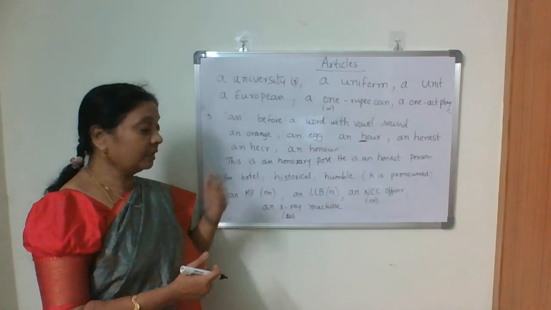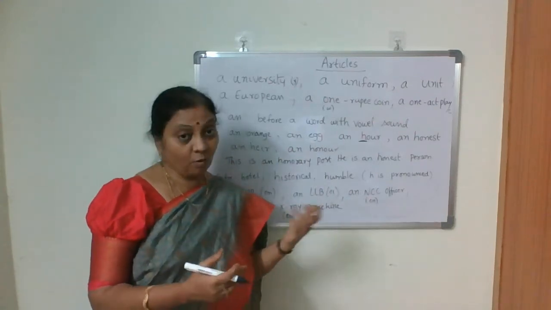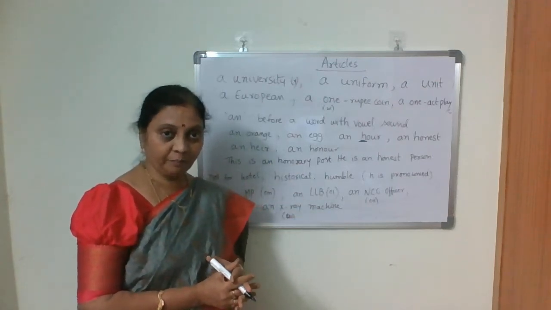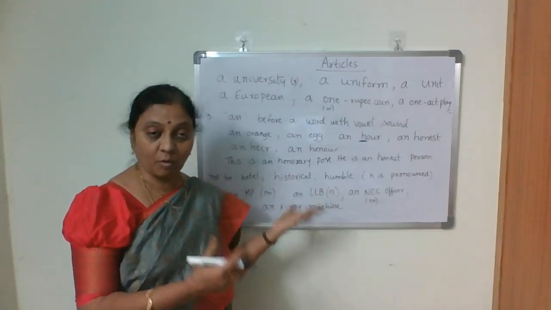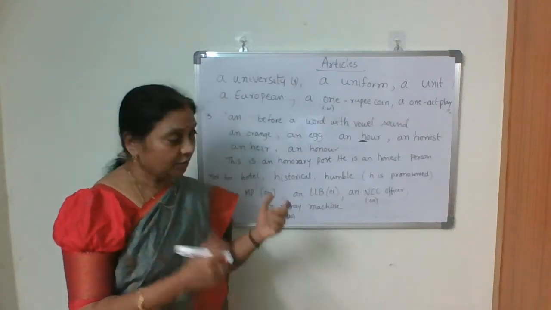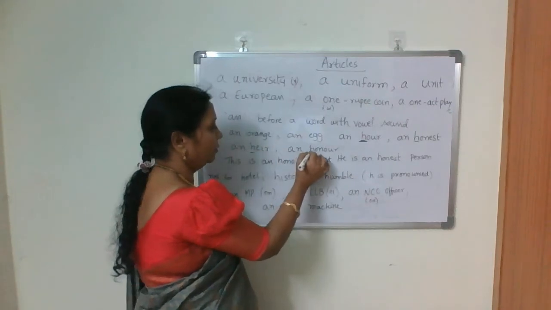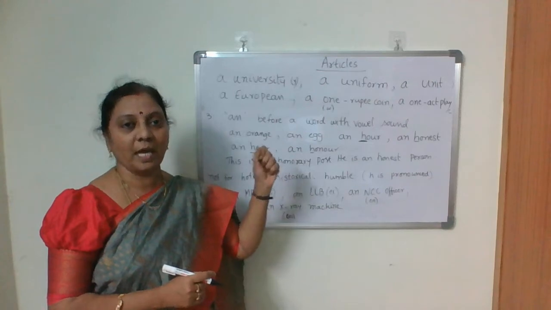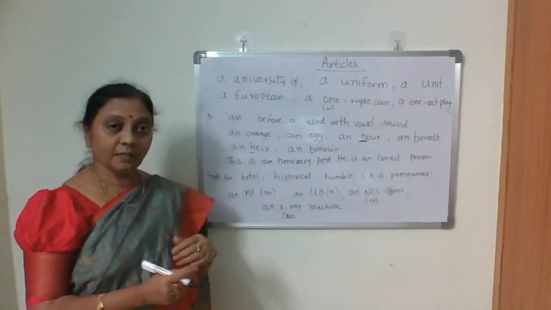You don't say "heir" with an H. It is an honor for him, or this is an honorary post for him. He is doing an honorary service, free service, and he is an honest person. So in all these cases, H is silent, so the pronunciation is a vowel sound. Hence we use an heir, an hour, an honest, an honor.